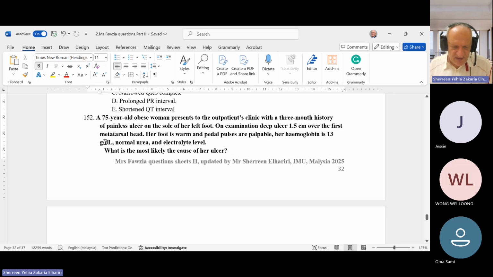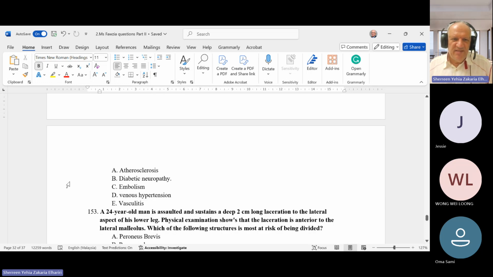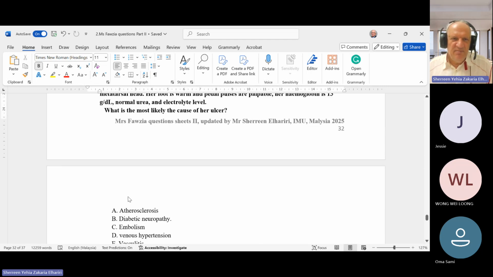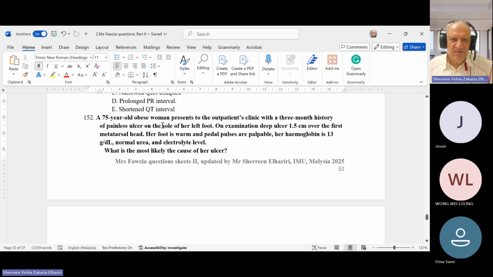So it just asks about the ulcer. The site of the ulcer is in the sole. So we can consider ulcers like a venous ulcer, for example. Venous ulcers or varicose ulcers occur in the gaiter area near the medial malleolus. But here it is in the sole of the left foot.